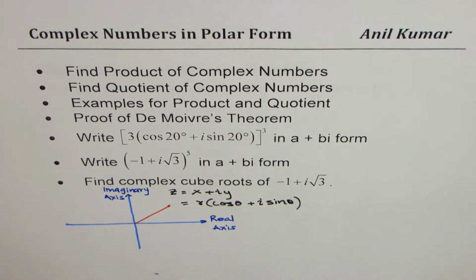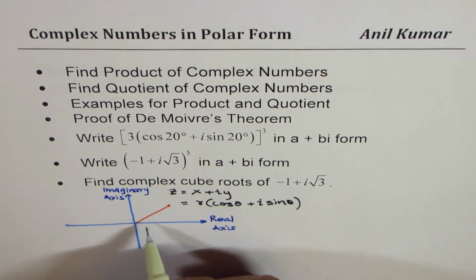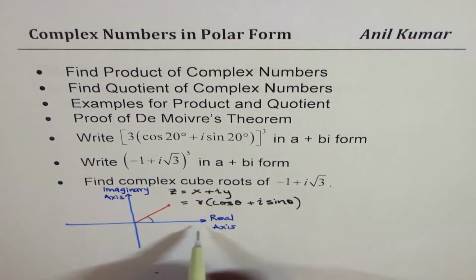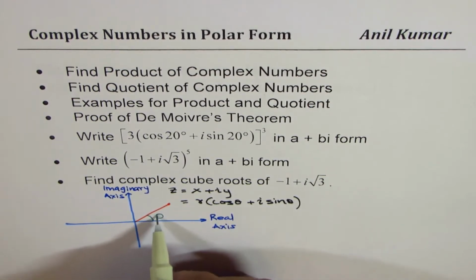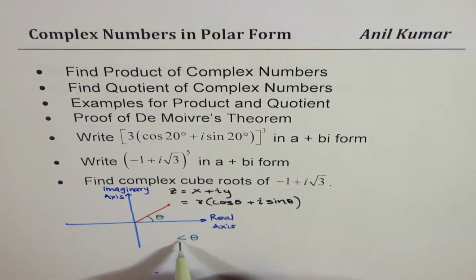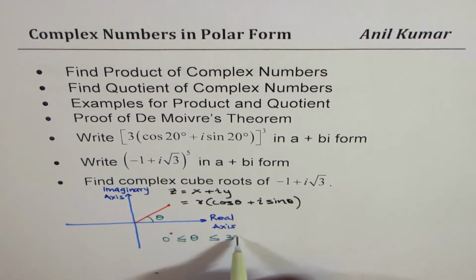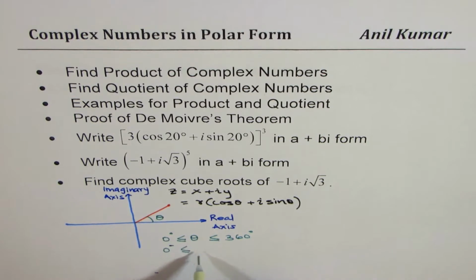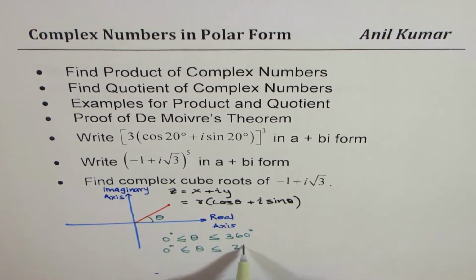Where the angle theta is always measured from the positive real axis and theta has to be between 0 to 360 degrees, or you can say 0 to 2 pi.